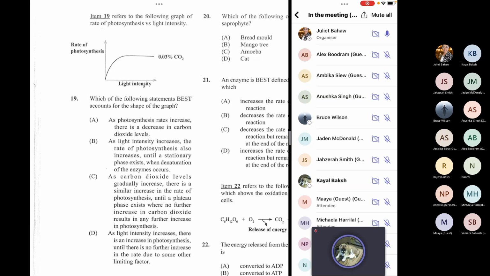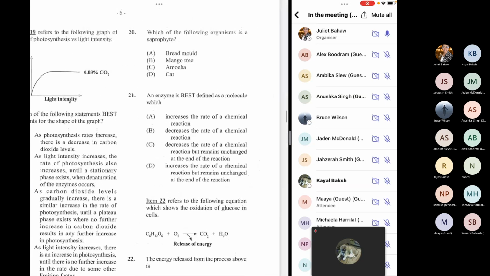What other piece of information is showing there? Carbon dioxide. Yes, very good. The carbon dioxide concentration. All right. Number 20.